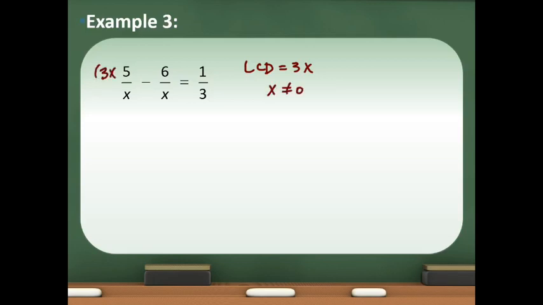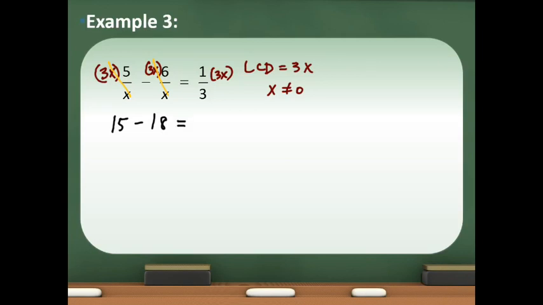Let's go ahead and multiply all our terms on each side by 3x. So notice 3x times 5 over x, the x's will cancel, and you're left with 3 times 5, which is 15. Then we have a minus, and notice our x's are going to cancel there, and we're left with 3 times 6, which is 18.